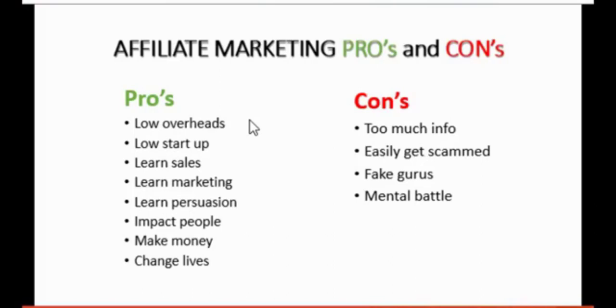This is a rewarding industry because you're connecting people with problems, frustrations, and goals they desperately want to achieve with products and services that can actually help, if you're doing this the right way and with heart. Then it can be a very rewarding and fulfilling business. Obviously you can make money, and you can change lives with affiliate marketing.